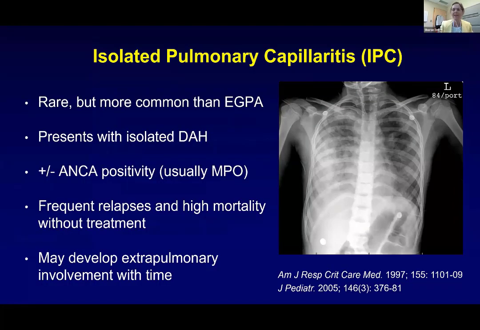There we go. So the literature would suggest that with isolated pulmonary capillaritis, about 25% of the children will develop other types of vasculitis, predominantly renal disease. And certainly that's been my experience. I've had children with IPC who've developed renal vasculitis and children who've developed CNS vasculitis.